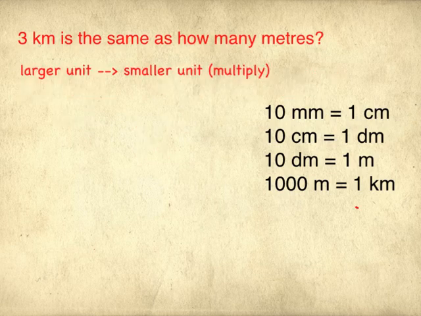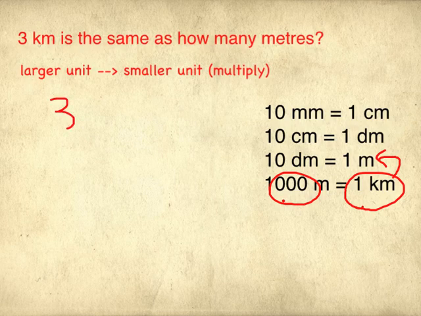If I circle 1 kilometer, and I think that I have to go to meters, I can see that I crossed 3 zeros. So a quick and easy way to convert is to say that I can put the 3 and add those 3 zeros that I crossed over to get to meters.